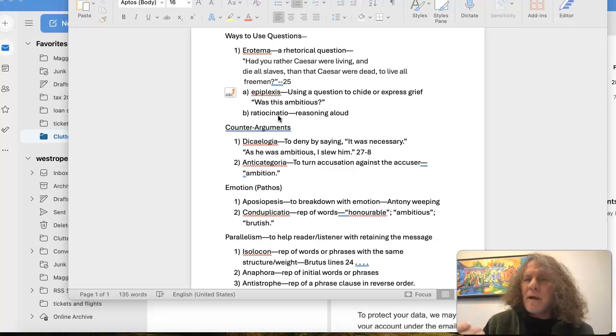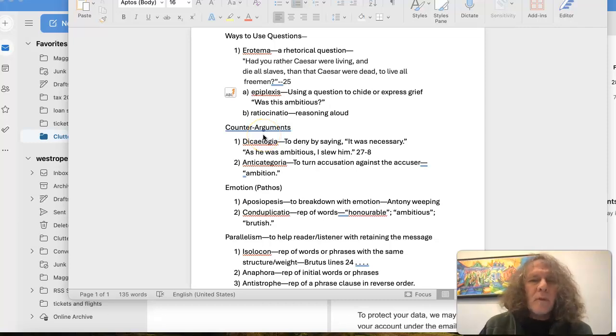Well, what should be done about our immigration policy? This should be done about our immigration policy. What should be done about institutional effectiveness? This should be done about institutional effectiveness. If you use that structure of asking and answering questions, it's called a ratiocinatio. Those are three ways to use questions in argument.